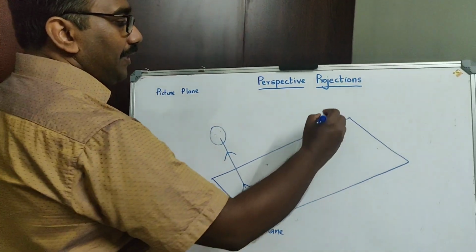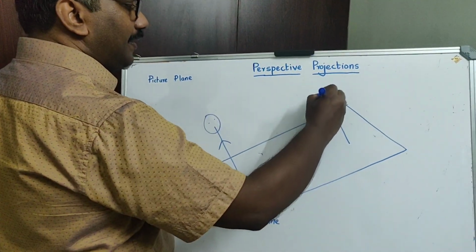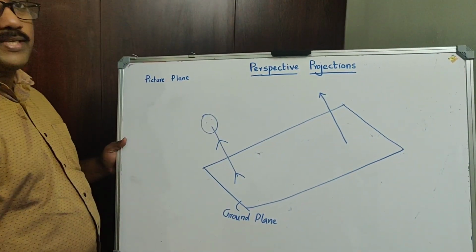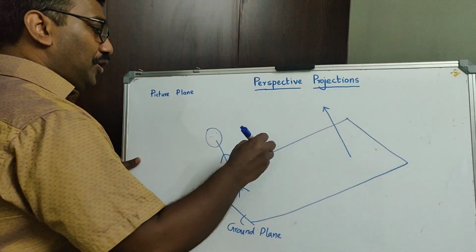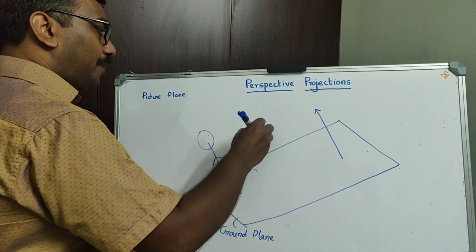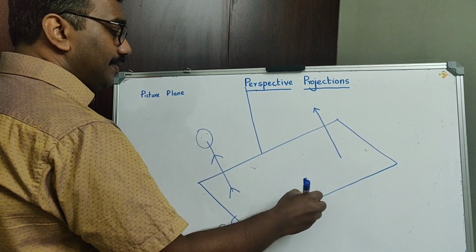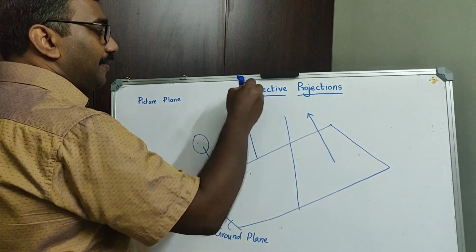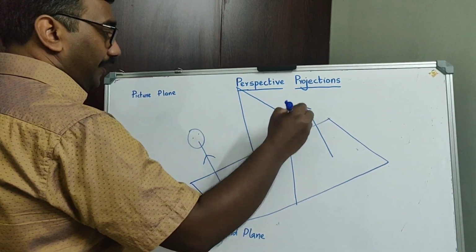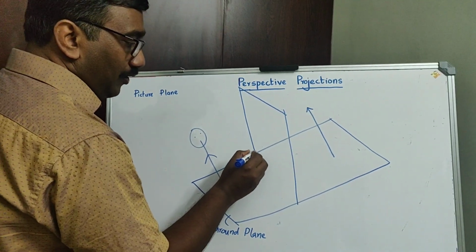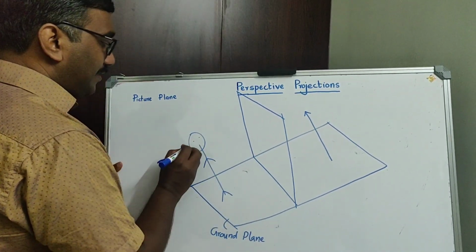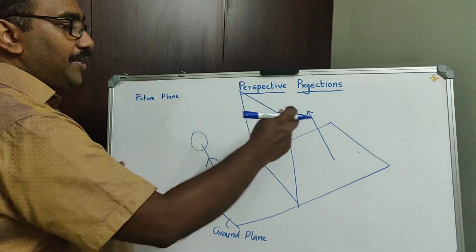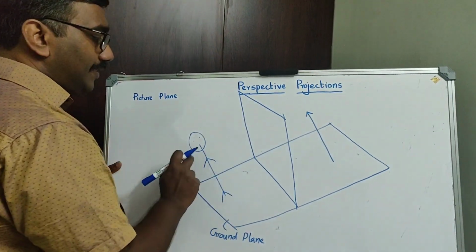Now there is an object in the ground plane. In between the object and the person, or the observer, as I can say, there is a screen.